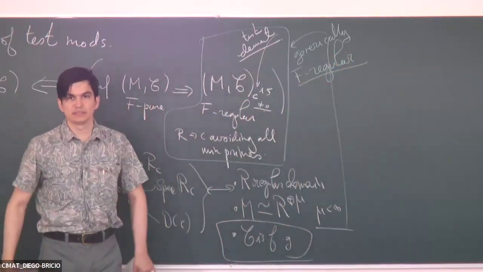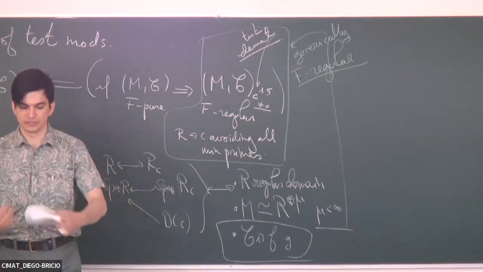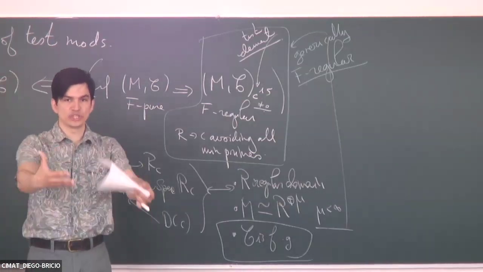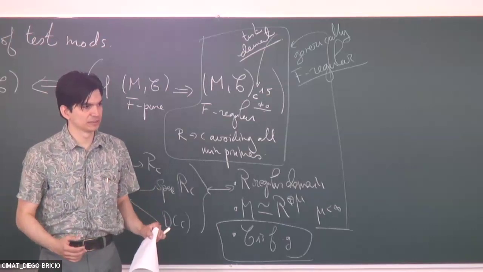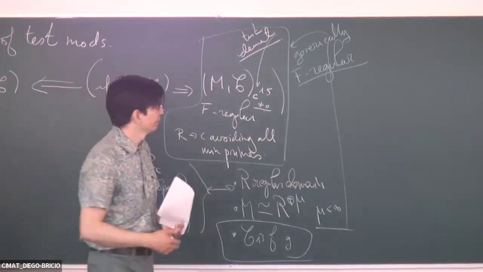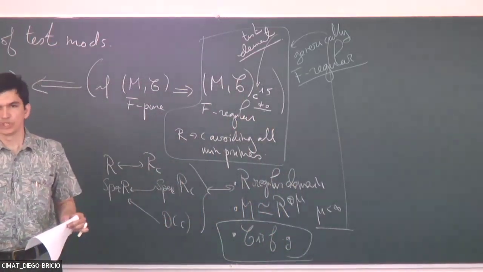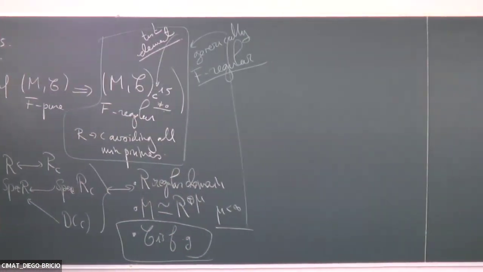It means, more geometrically, that there exists a dense open subset of the spectrum of R over which, or on which, we have regularity. That's it.